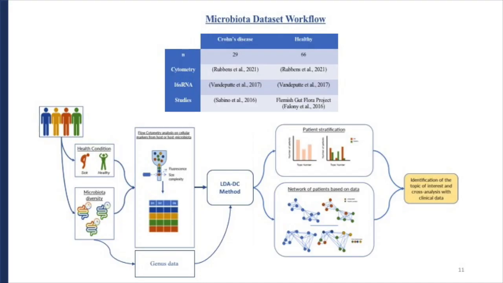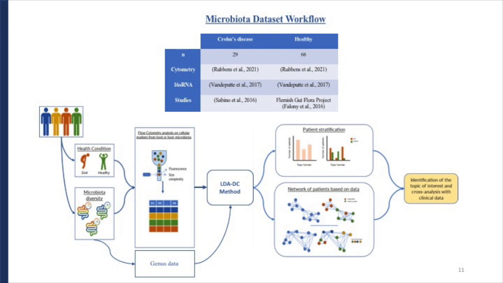So now we decided to test our approach on a microbiota dataset, which is composed of 29 Crohn's disease patients and 66 healthy patients. And we have cytometry data from Crohn's patients and healthy individuals, as well as genus data.